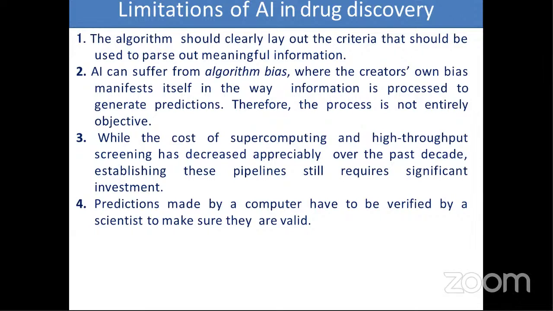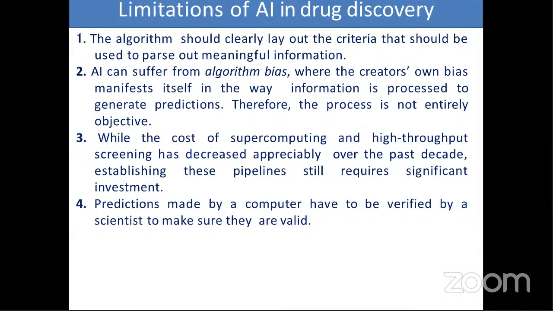Both things depend on the algorithm. The second is that the algorithm is biased because it depends on its creator. The process is not at all objective; it is subjective, because the person who develops the algorithm will develop it according to their own choice.